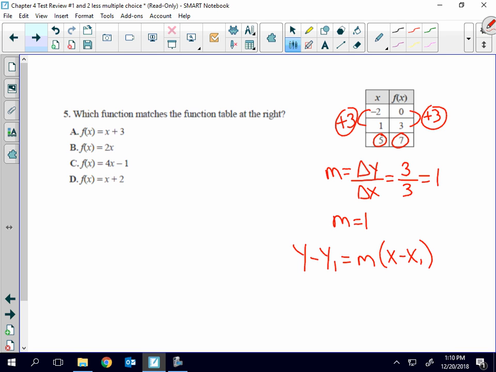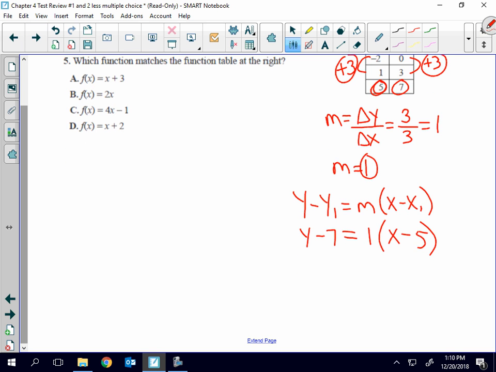So for the y, of course this is y. Y is going to be 7. So it's y minus y1, which is 7, equals m right here, which is 1, times x minus right here, 5. And we'll rearrange that one. Of course, 1 times anything is itself, so that one's easy. Y minus 7 equals 1x minus 5.